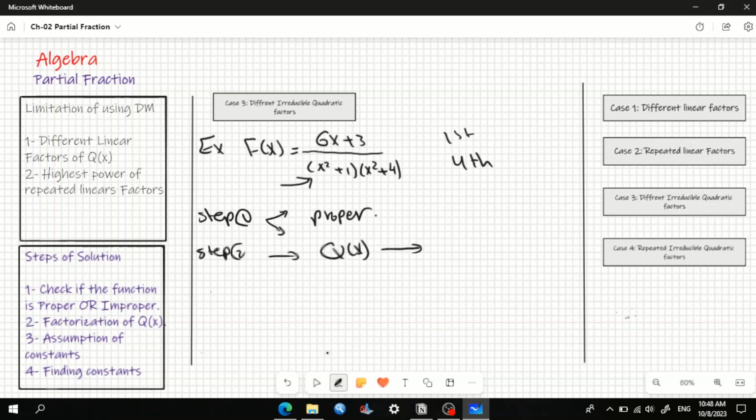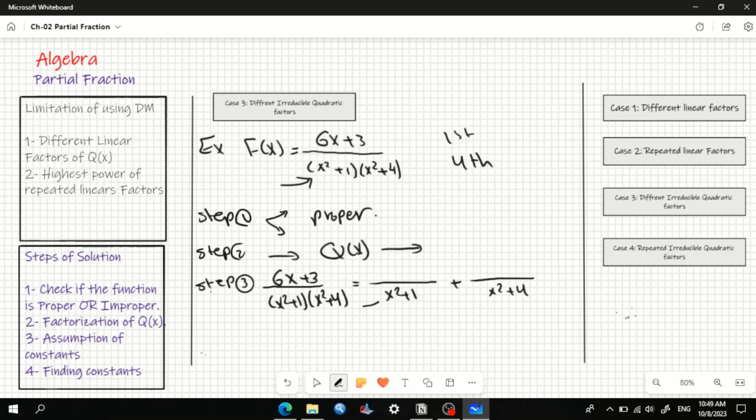Step 3, rewrite our function: x squared plus 1 by x squared plus 4 equal to a fraction over x squared plus 1 plus a fraction over x squared plus 4, and we assume two constants for each fraction because we have second degree. So here ax plus b, and here cx plus d.